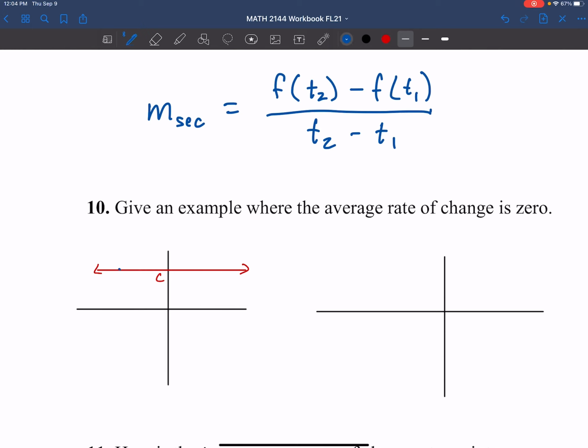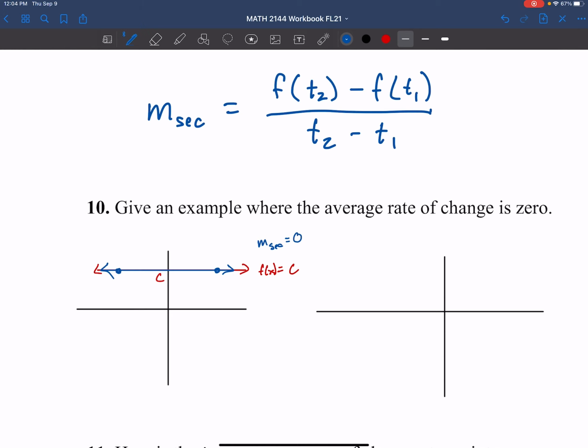You can see this because if you take any two points and draw the secant line, it literally sits on top of the constant function's line. So the slope of the secant line here is also 0.